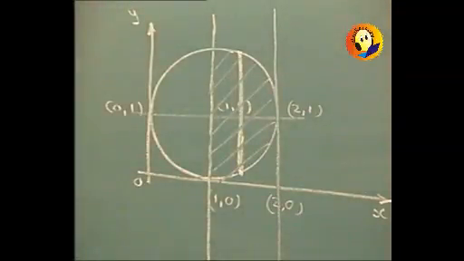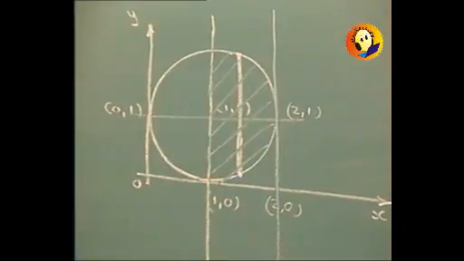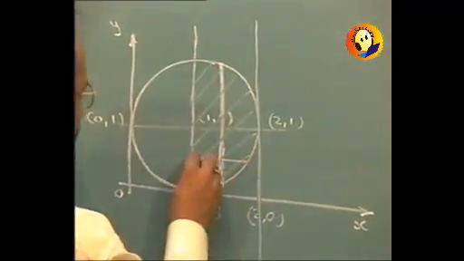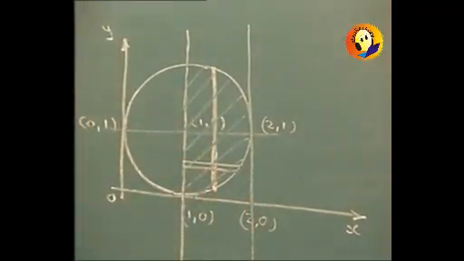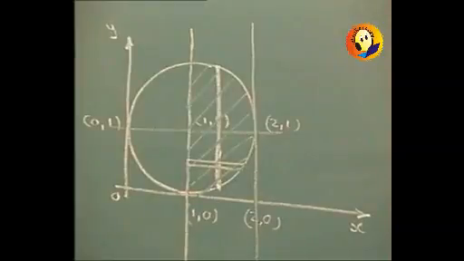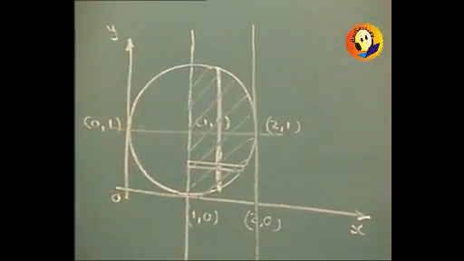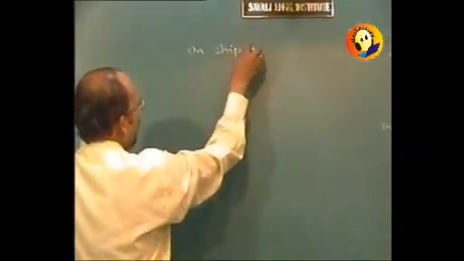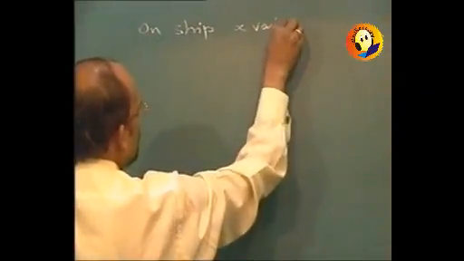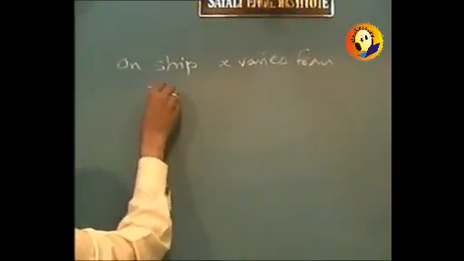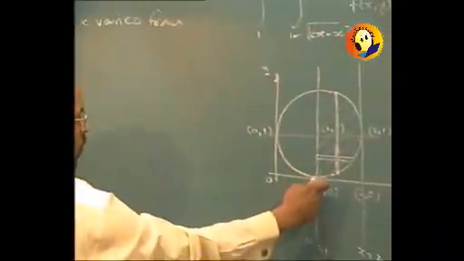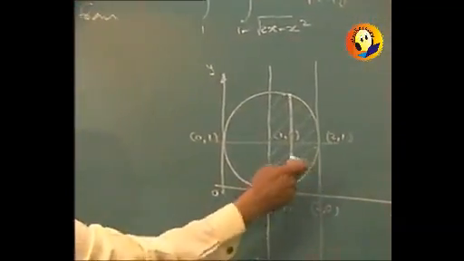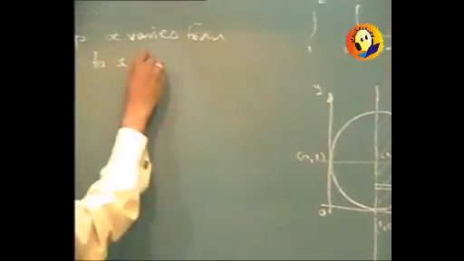If this semicircle is the region of integration, and we are required to change the order of integration, the job is very simple and straightforward. We are required to take strips parallel to the x-axis. So we can now write, taking strips parallel to the x-axis, on a strip x varies from x equal to 1, because it starts on the line x equal to 1 every time and goes up to the circle, to x on the circle.